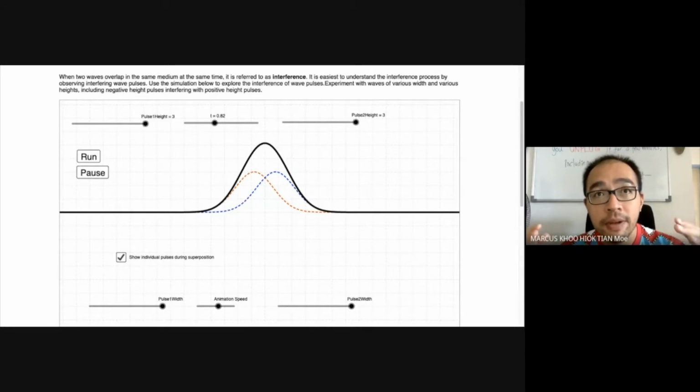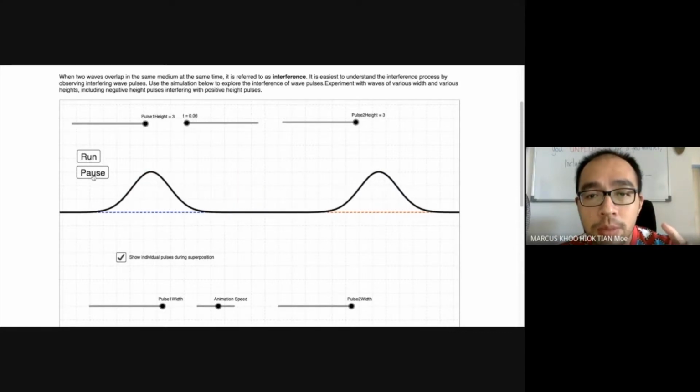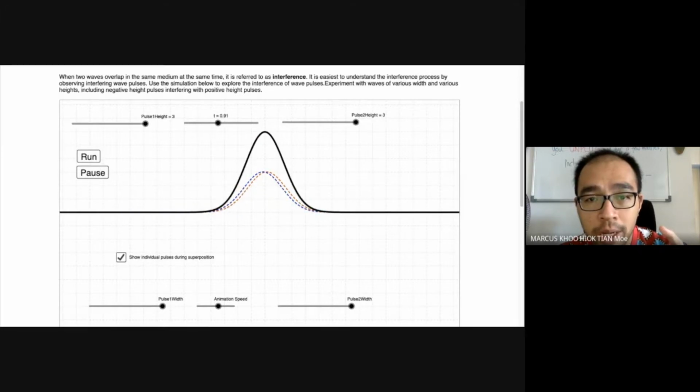It's as if when they overlap, they don't just remain where they are. They combine together, and then after that they separate and go on their own separate ways. There is a moment for a very short while where it's as if this one plus this one, the blue color plus the red color, will give you the black color.